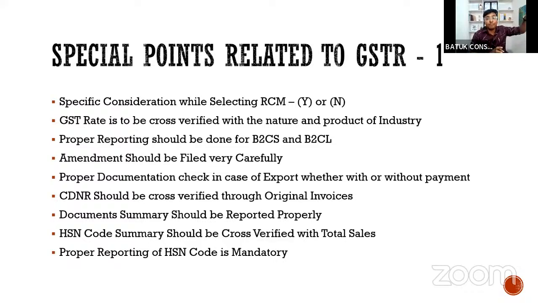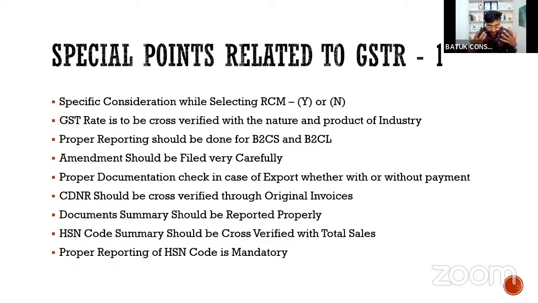Earlier, the limit was 2,50,000 rupees. Now, this limit is 1 lakh rupees. If the value is 1 lakh or more than 1 lakh rupees, in such a scenario, there will be a requirement to show it separately under B2CL. And if the value is less than 1 lakh rupees, in that case, we have to show it under B2CS.